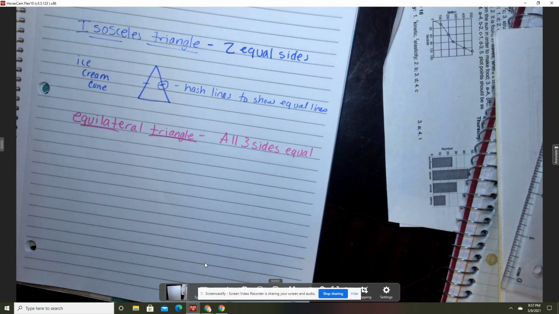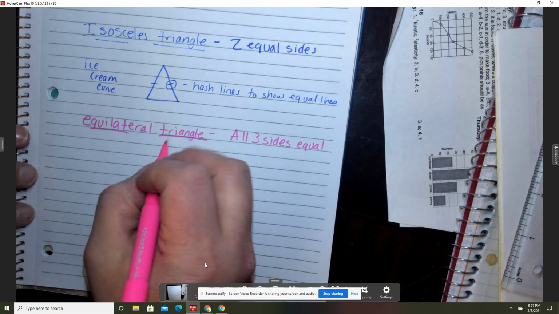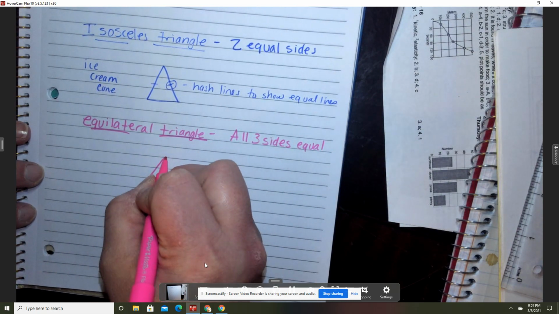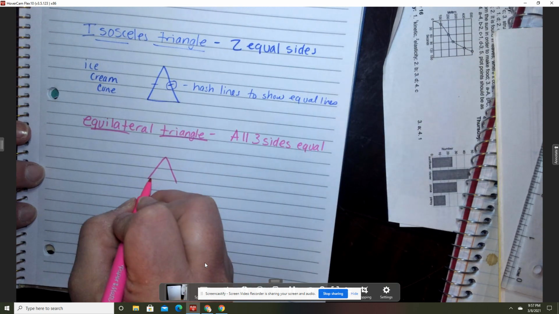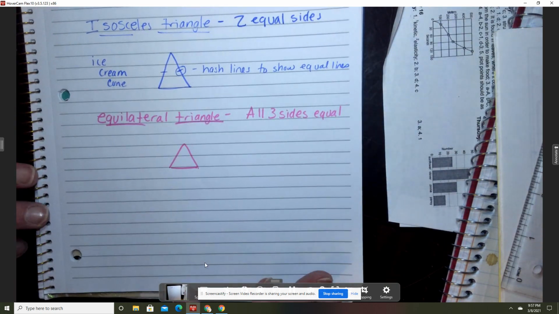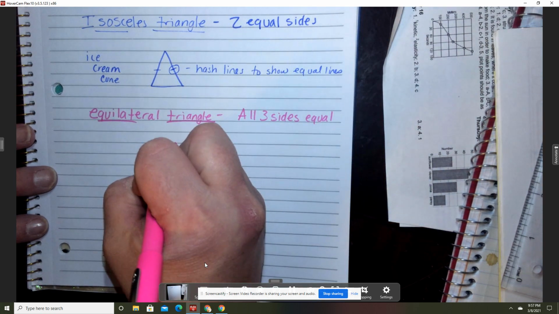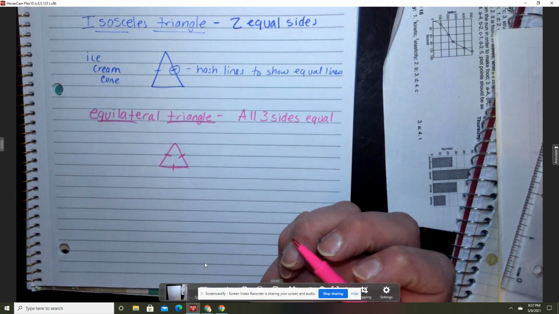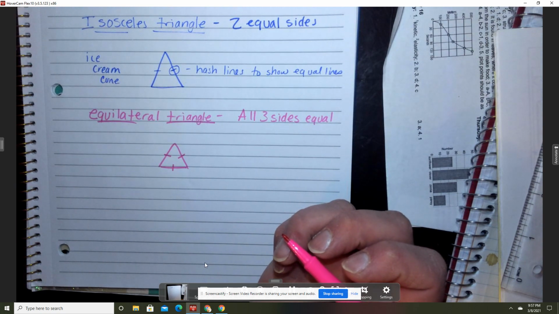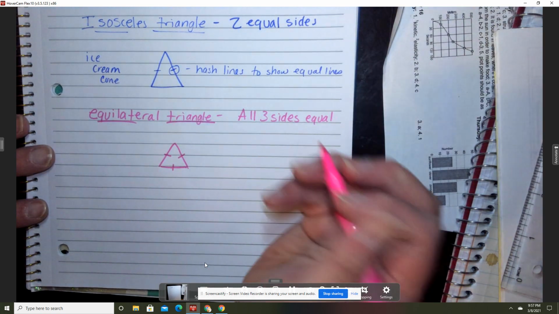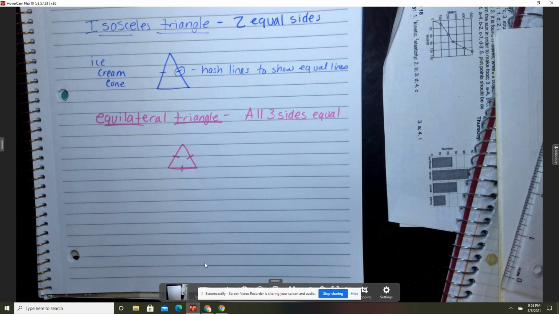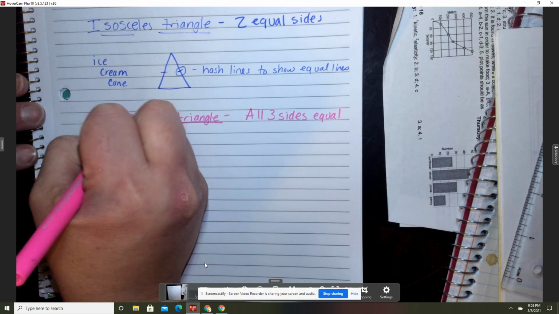I don't have anything that is shaped like a triangle. Okay. I mean, that's pretty good. That's as good as I'm getting. As long as you get it to where you know that it's all equal with the hash marks, then I think you've got it. Okay, so this is going to be an acute equilateral.